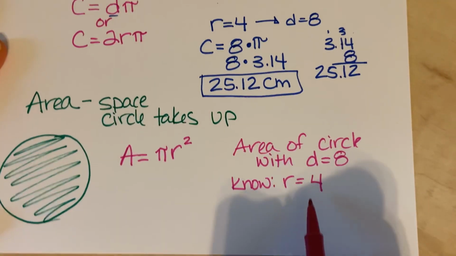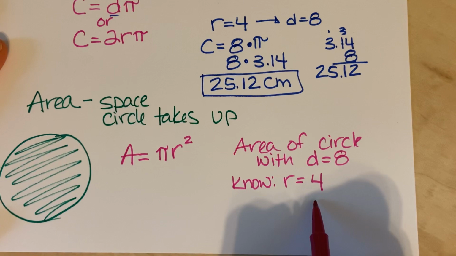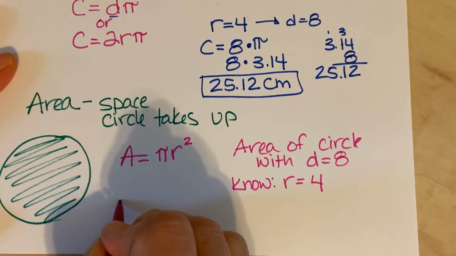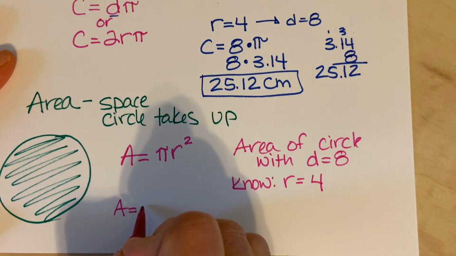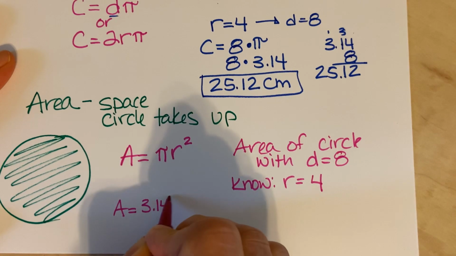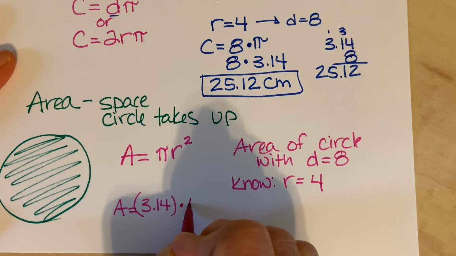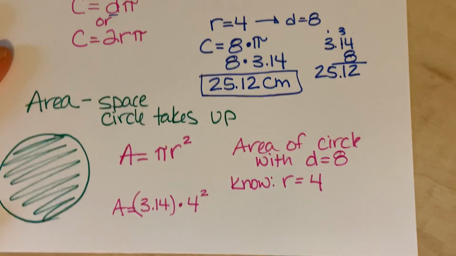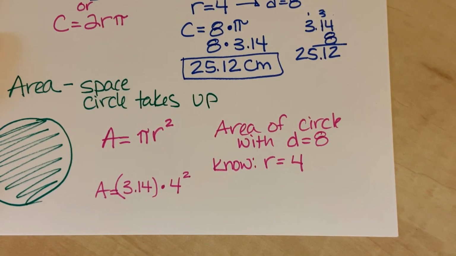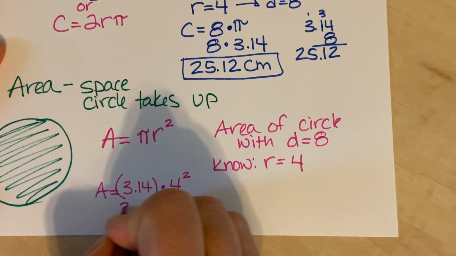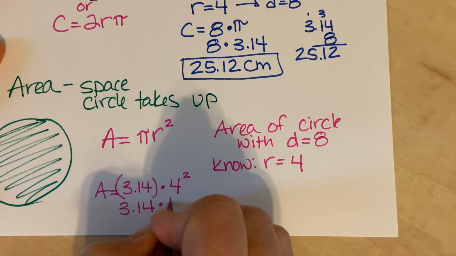So in order to do that, I have to know the radius. So I would say area is equal to 3.14, we're going to use for pi, times 4 to the second power. Now, not 4 times 2, it's 4 times 4, okay? So that would be 3.14 times 16.